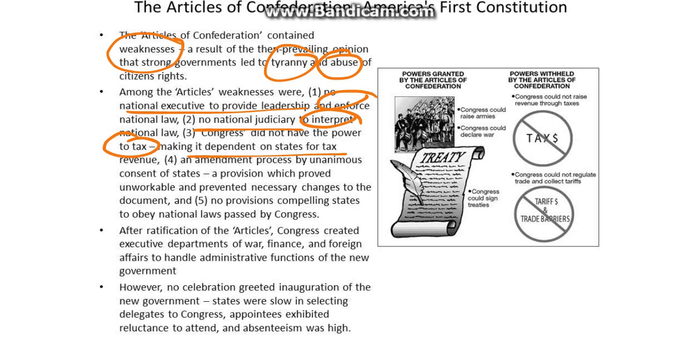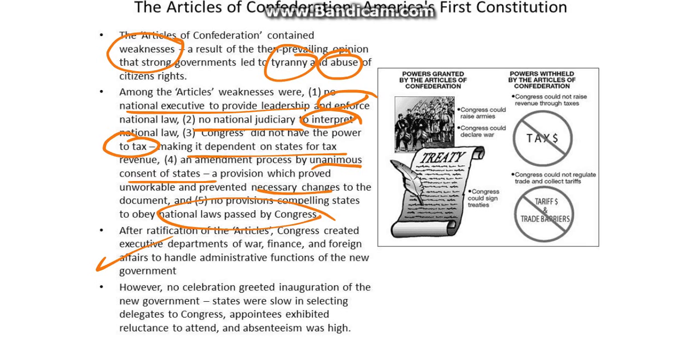An amendment process was only possible by unanimous consent of states, a provision which proved unworkable and prevented necessary changes to the document, and no provisions compelling states to obey national laws passed by Congress.